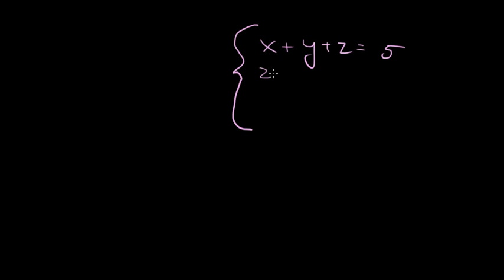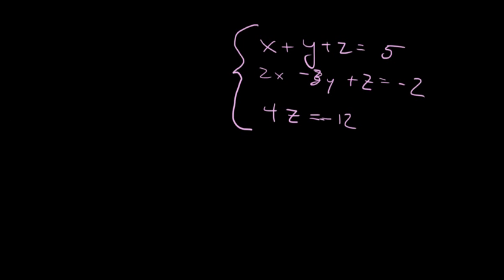And some of you might be freaking out right now, but that's all right. 2x minus 3y plus z equals negative 2. And 4z equals negative 12. Okay, so I hope you can read that.